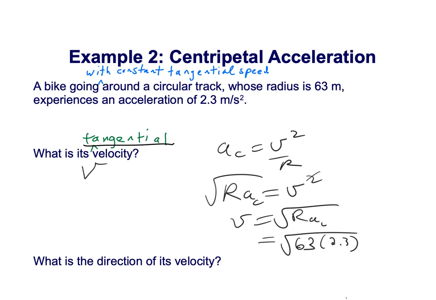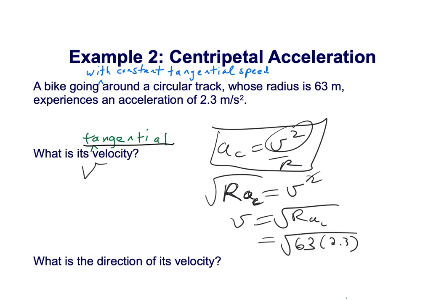Okay, so tangential velocity is V. I use this equation. I like to play around with the letters instead of the numbers. So I'm going to try to get V squared on one side, so I cross multiply. So R times AC is equal to V squared.